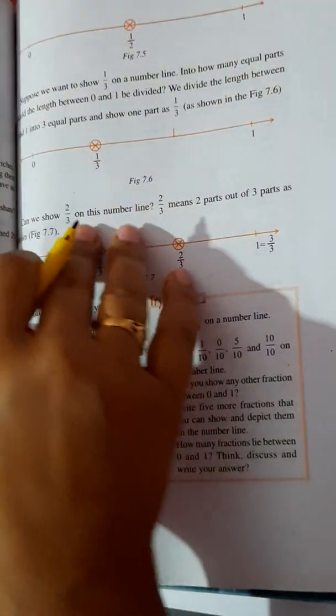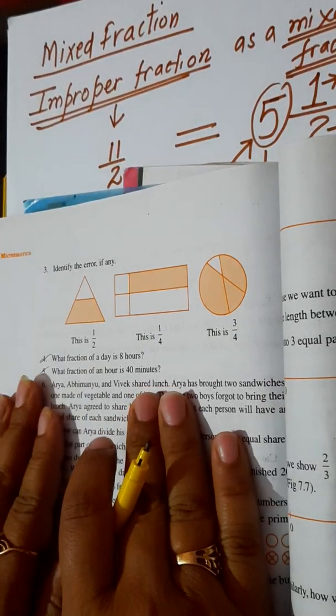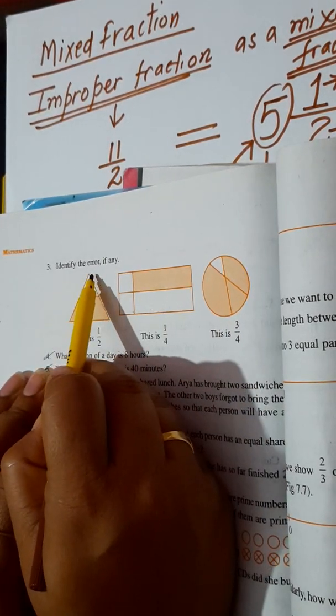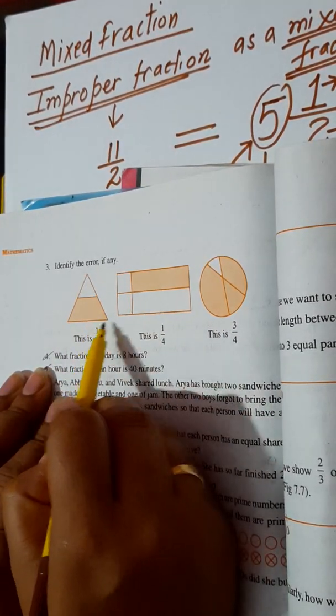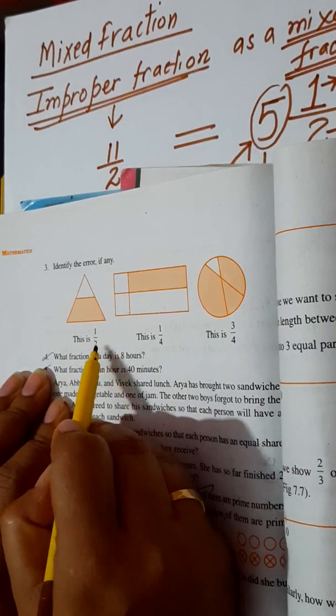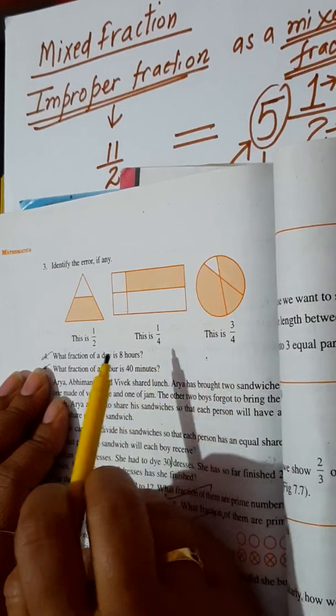So let's start our third question, and as I told you earlier, you have to solve the first, second and third questions in your books. Now the third is to identify the error, if any. Here the fractions given to you are 1 upon 2, 1 upon 4, and 3 upon 4.